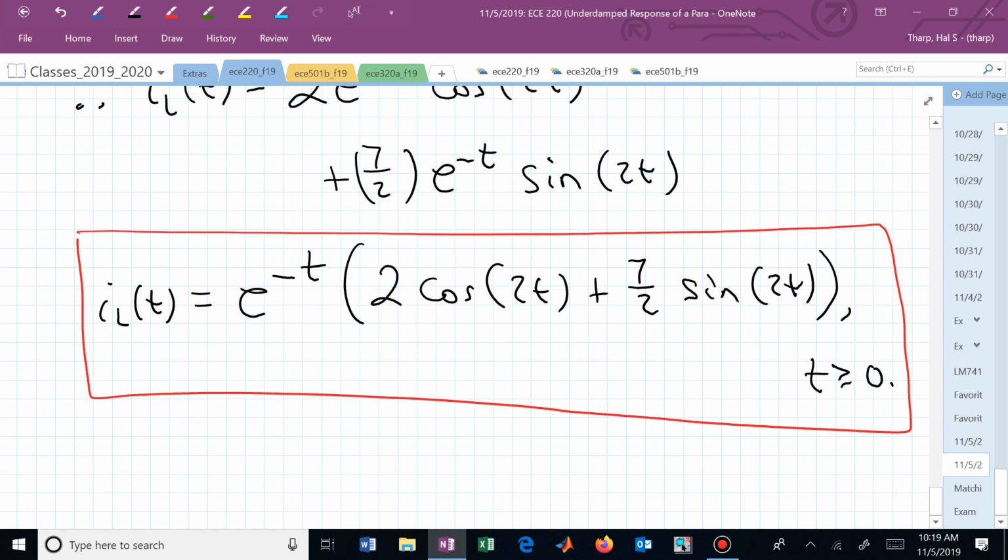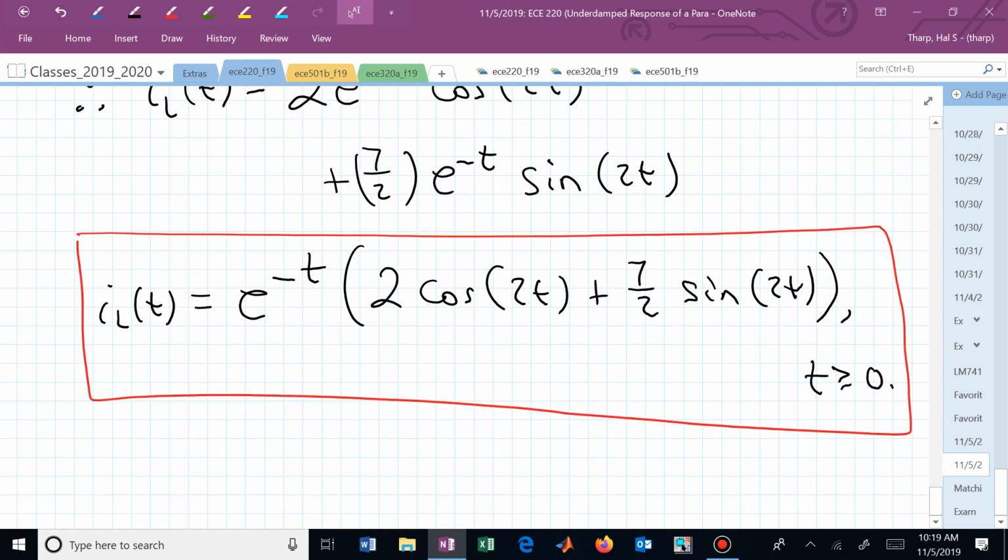What are we going to call that? We have sines and cosines. Those give us our shaking. And how fast are they shaking? What's their frequency? What's the damped frequency? That was the 2. What's the exponential damping?